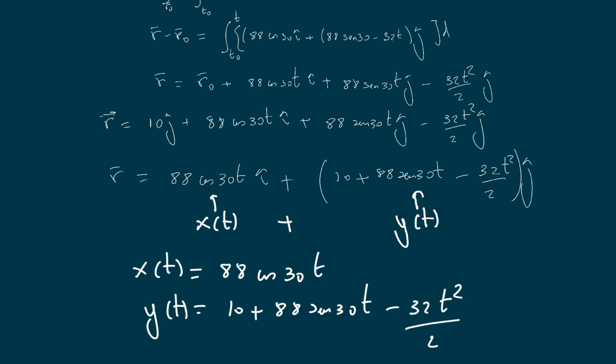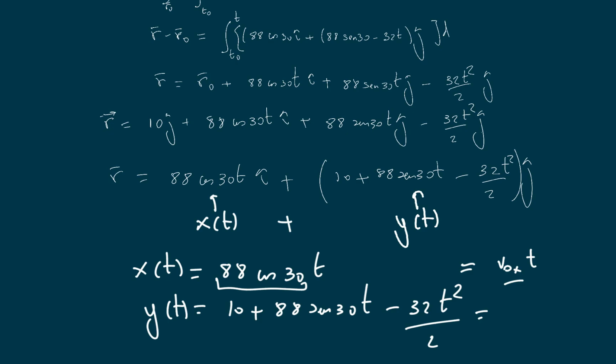If you check a physics textbook, x of t is v0x times t. You see, v0x is 88 cosine of 30.